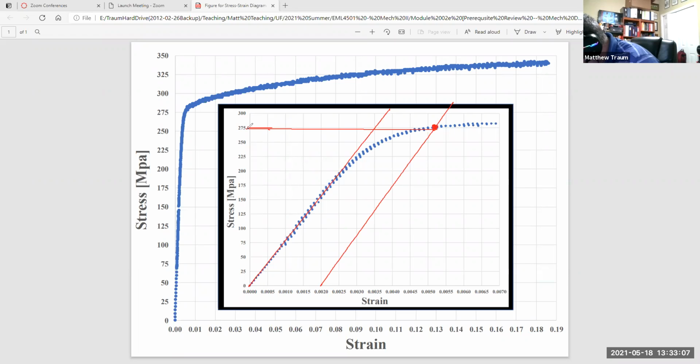Okay, maybe 275. So I'm going to say that the stress associated with yield is approximately 275 megapascals, and that's again using the 0.02% offset method.